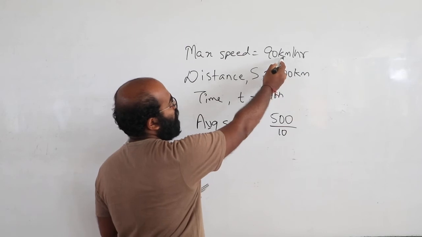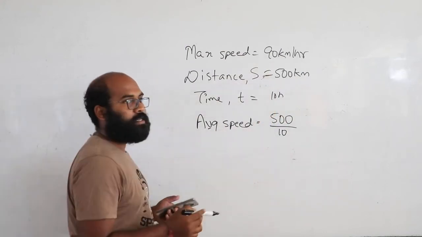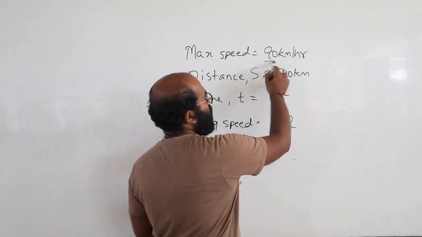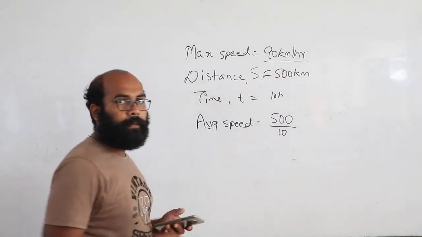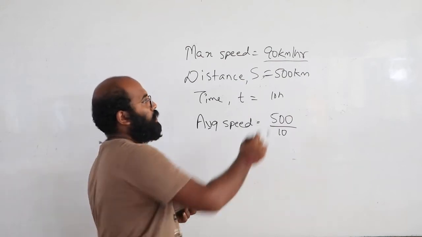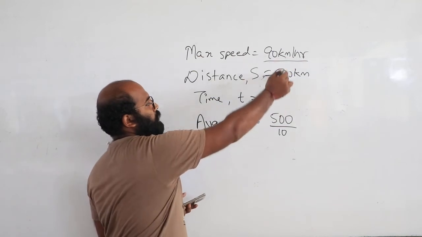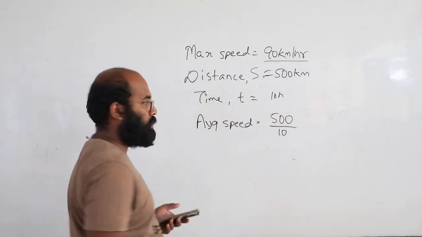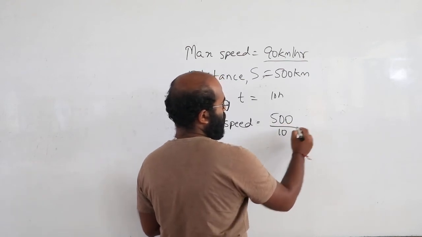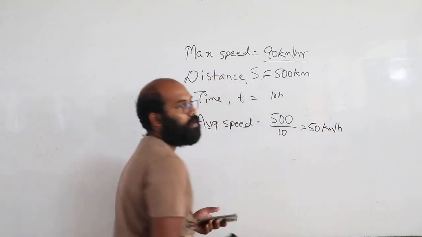So since here they have given kilometer per hour, you can use the same kilometer and hour instead of converting to meter and second, because here they are asking for a ratio. So no need to change this to meter, since it is in kilometer, you can keep the kilometer as it is. Since it is hour, you can keep hour as it is. So average speed is total distance by total time taken, that is 50 kilometer per hour.